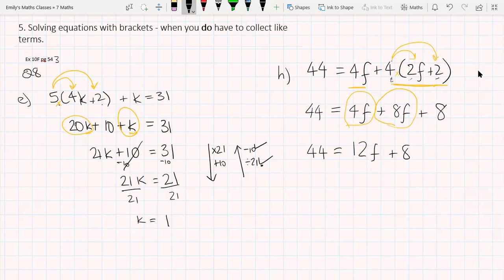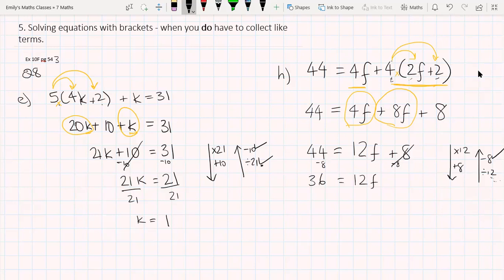Now we're back to something you've seen before. What happened to the F? It got times by 12, had 8 added. How do we undo that? We minus 8, we divide by 12. So let's take away 8 from both sides. 44 minus 8 is 36, and 8 minus 8 goes, equals 12F. Okay, so we've done that with minus 8.